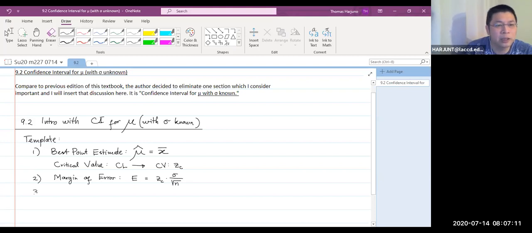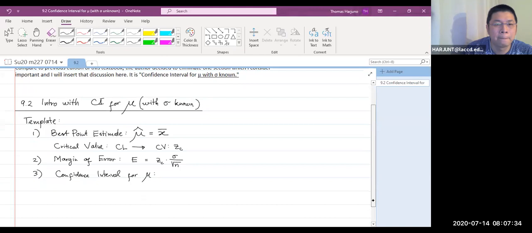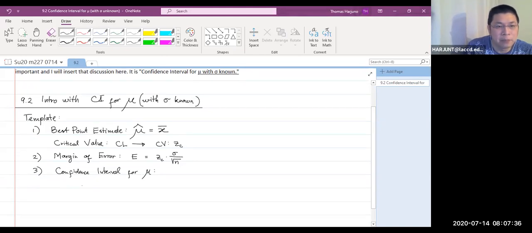In step 3, declaration. This one you need to explicitly set out: the confidence interval for mu is given by x bar minus E less than mu less than x bar plus margin of error.